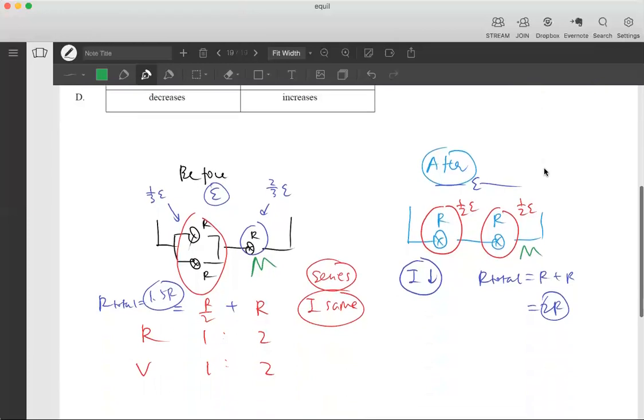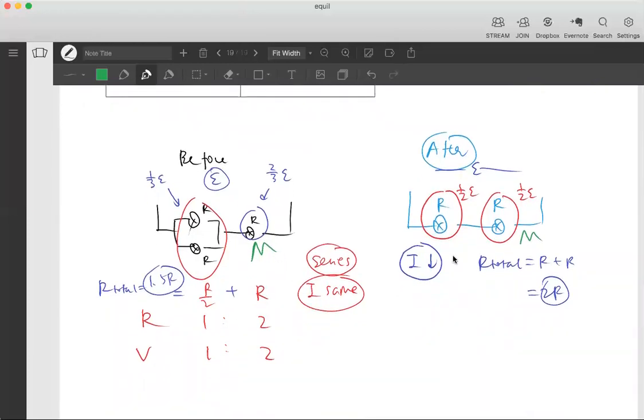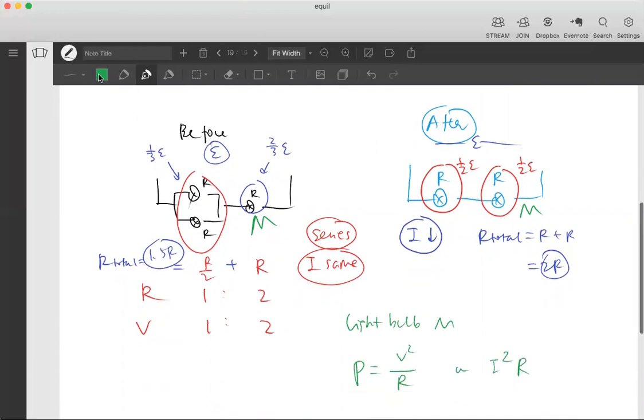Let's compare them and see if they give the same answer. For light bulb M, if we use P equals V squared over R, R never changes. R is just the resistance of the light bulb, which doesn't change.